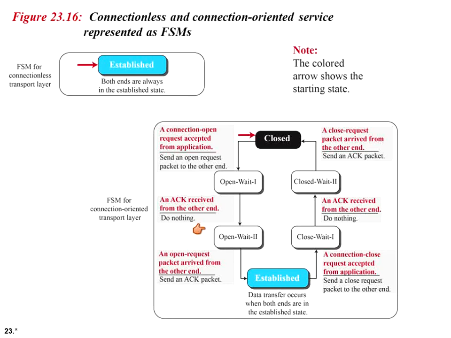So if we want to terminate a connection, the application layer sends a close request message to the local transport layer, and the transport layer sends a close request packet to the other end and moves to close wait 1 state.